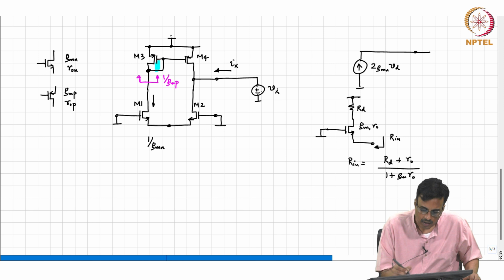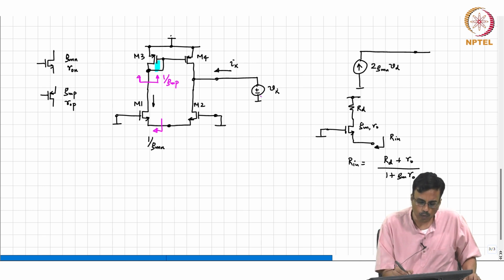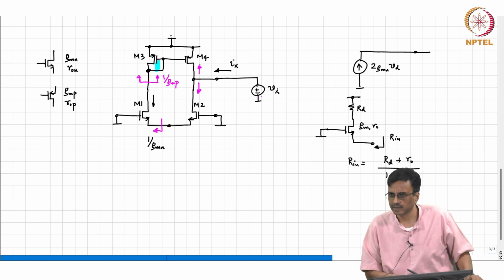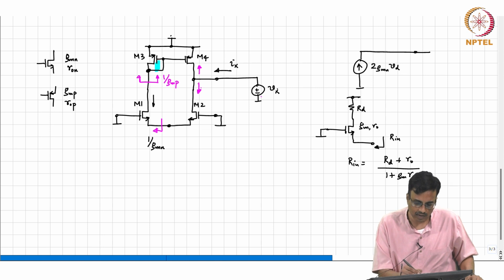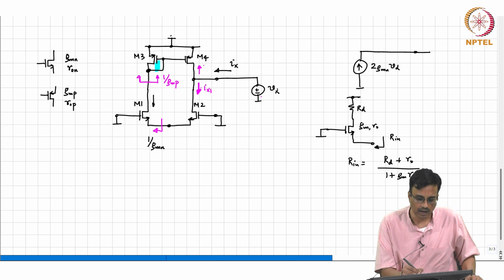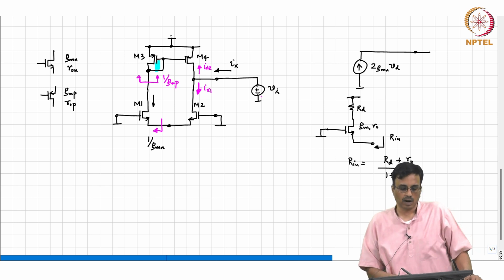So, now why are we doing all this? Because we are applying a voltage Vx here. Ix has got two parts, Ix is the sum of 2 currents. We want to find both the currents so that we can find Ix. So, let us call this Ix1, and that is Ix2. How will we find Ix1?